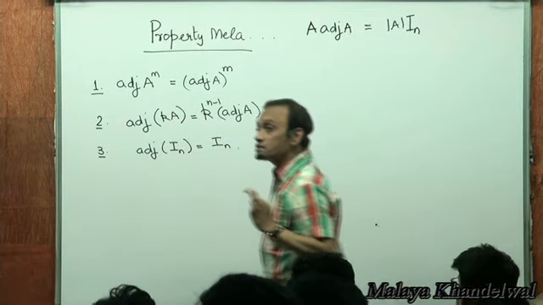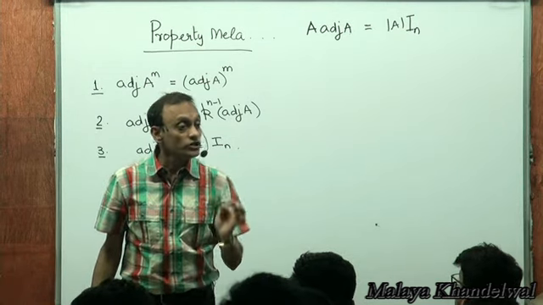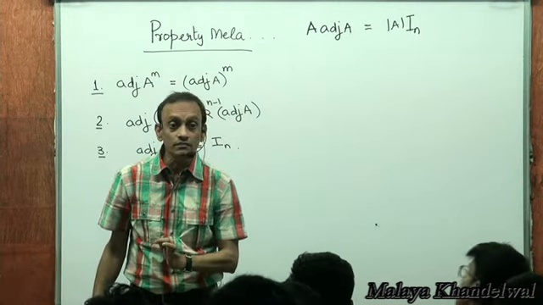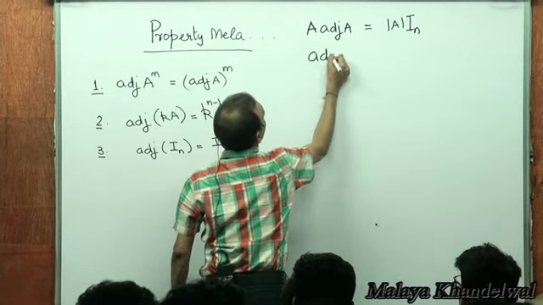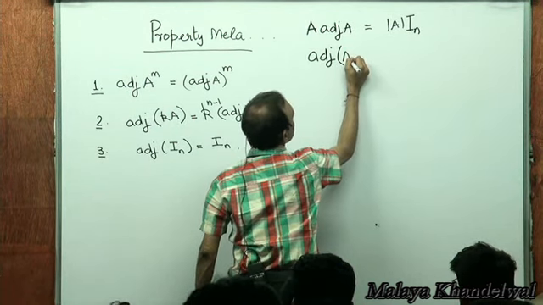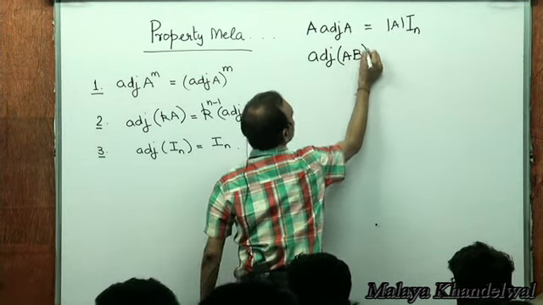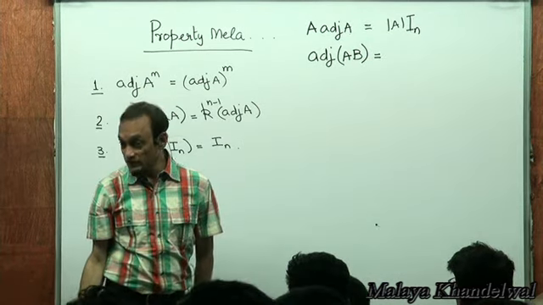Have I also discussed that adjoint AB is adjoint B into adjoint A? Which is the rule of reversal, not reciprocals, reversal. A and B are two square matrices of the same order.